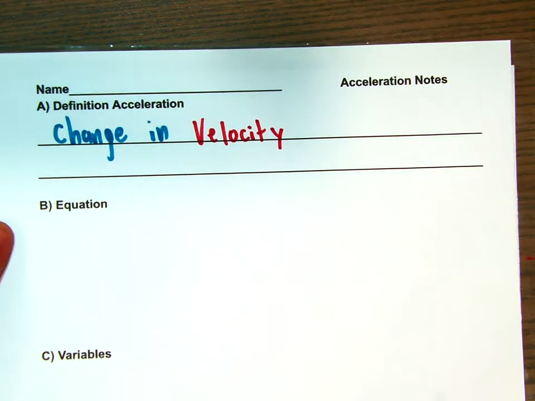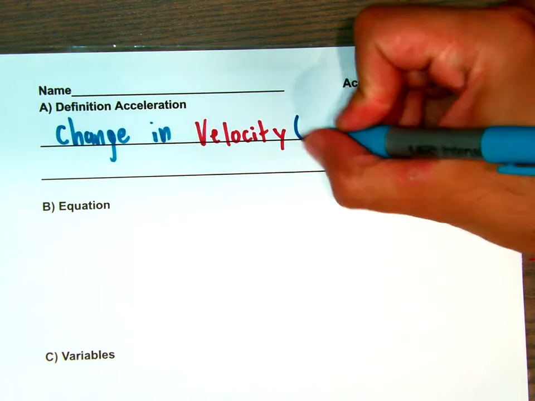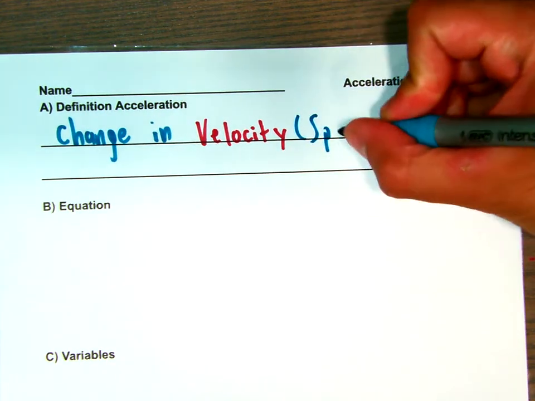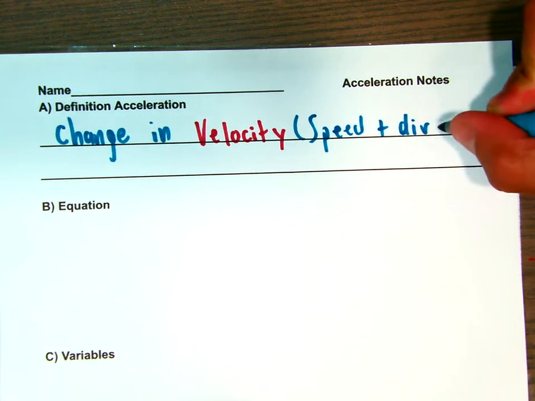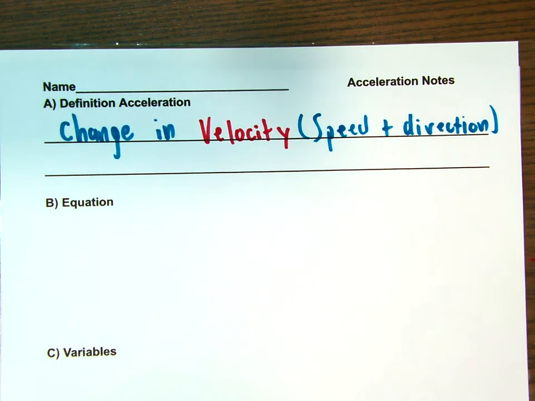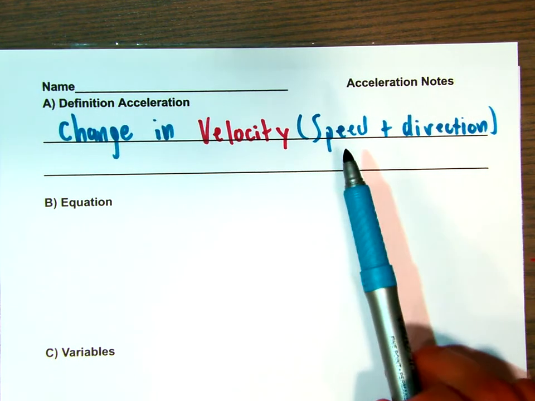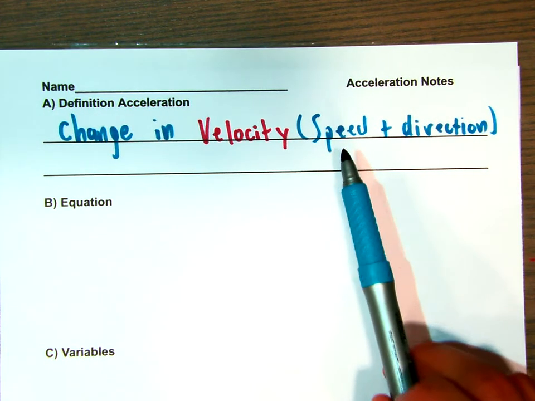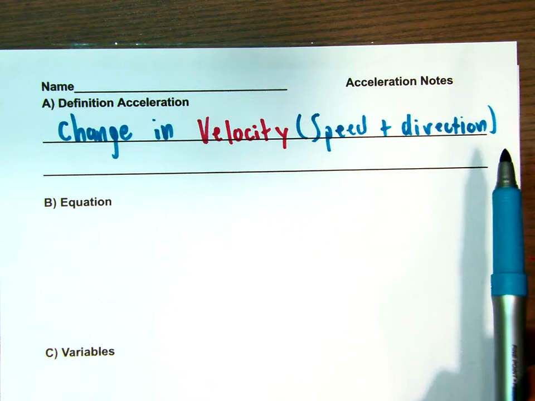So if we remember, velocity is composed of speed plus a certain direction. Okay, so that means anytime we change the speed, for example, if I speed up, that's acceleration. If I slow down, that's acceleration. Or if I change direction, that's also acceleration.